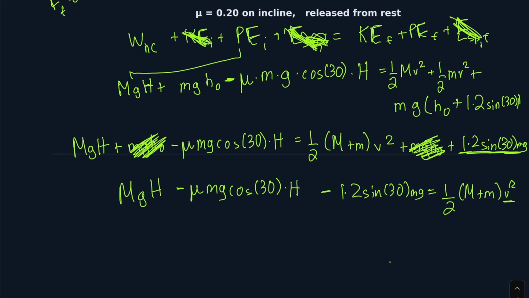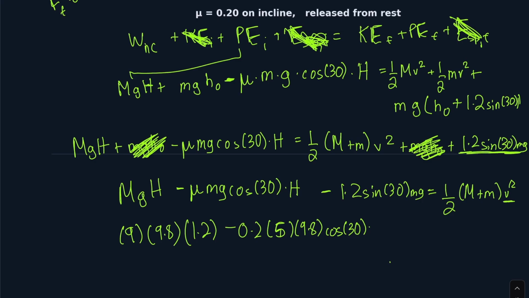So now I'm going to start plugging in here. Big M is 9 times 9.8 times height of 1.2, minus mu 0.2 times 5, because it's a 5 kg block, times 9.8 times cosine 30 times 1.2.